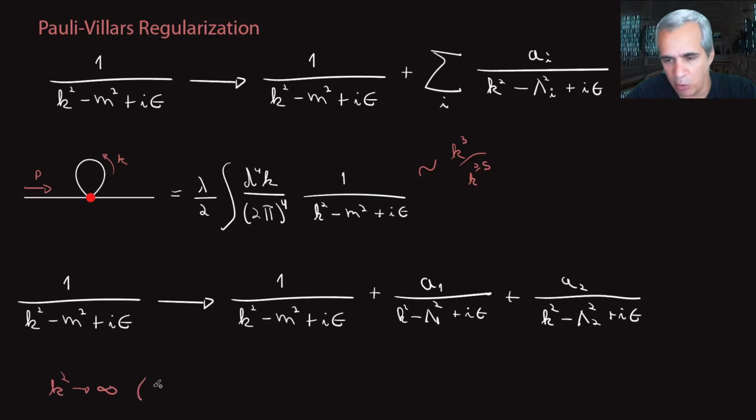And of course, I'm always assuming that all the lambdas are much bigger than m squared. But now I want to see what happens in this limit. Keep in mind that I'm abusing the language a little bit now that I went back to Minkowski space. These comparisons are tricky in Minkowski space because you could ask, is k squared big positive or big negative?